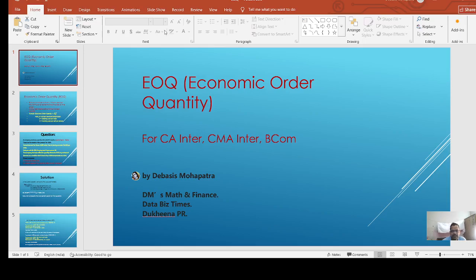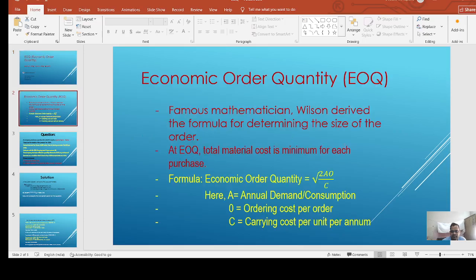So let's start. Let's first have a small bird's eye view on economic order quantity. Famous mathematician Wilson actually derived this formula for determining the size of the order. So if you are a manufacturing concern or a manufacturing company, then you usually procure input for manufacturing your product.